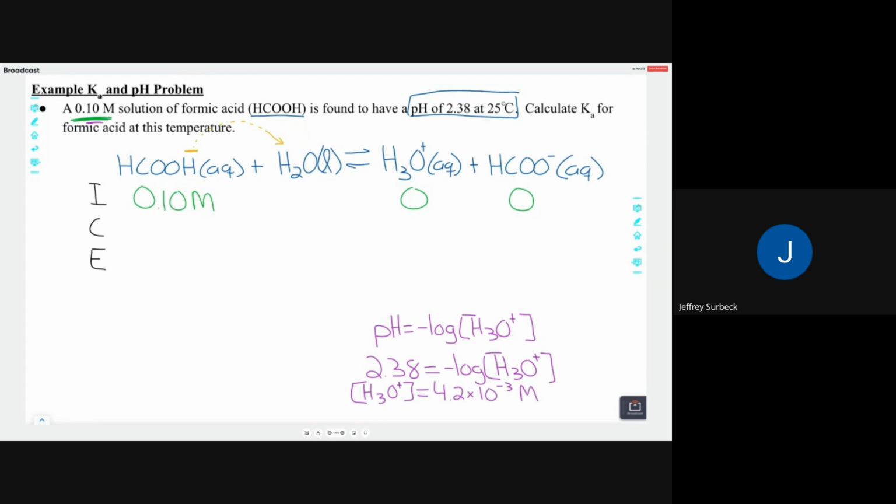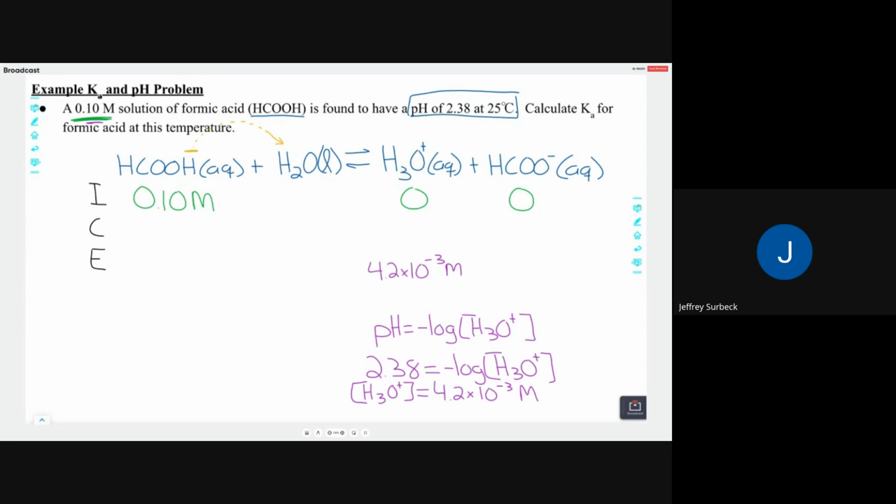Now, this is the H3O+ concentration at equilibrium, okay? At equilibrium. So I'm going to go ahead, copy and paste this right here as the equilibrium value, and I'm going to say this, 4.2 times 10 to the negative third M.